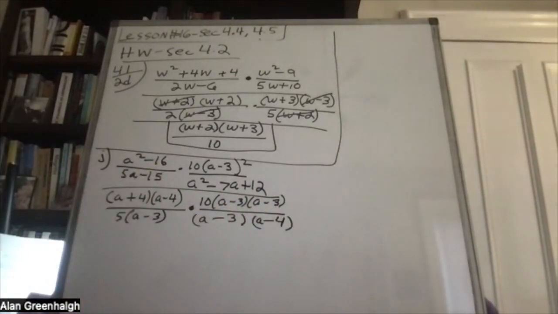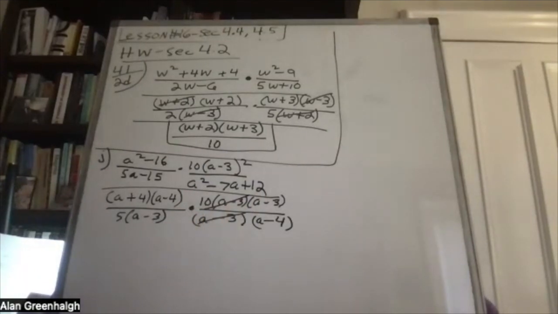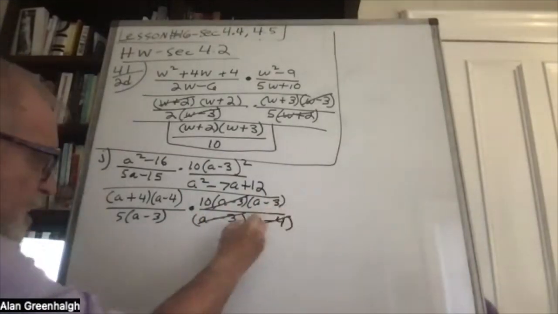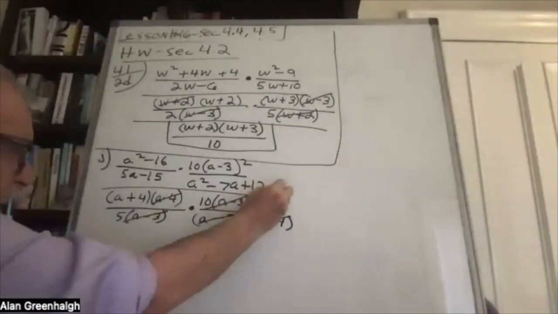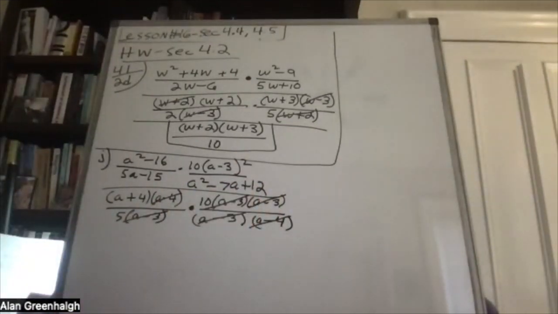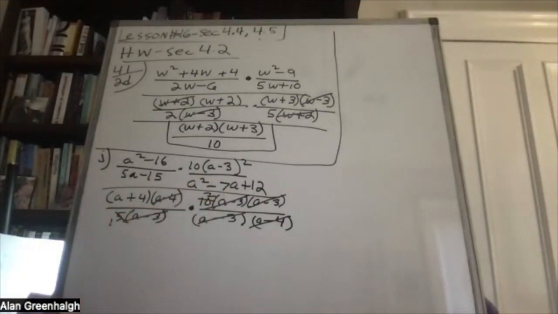Okay, there you go. So let's see what we could cancel out. Well, we could do this, right? That's good. We could do this. That's good. We could do this. Oh, look how much fun this is. And 5 into 5 is 1, 5 into 10 is 2. That's it.